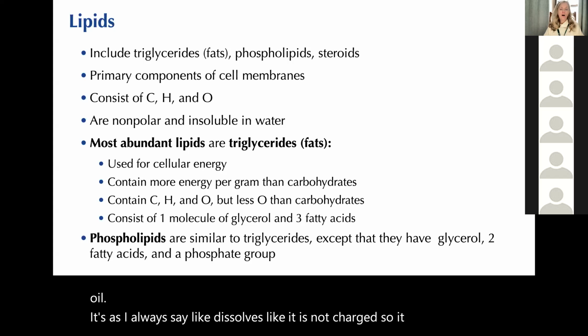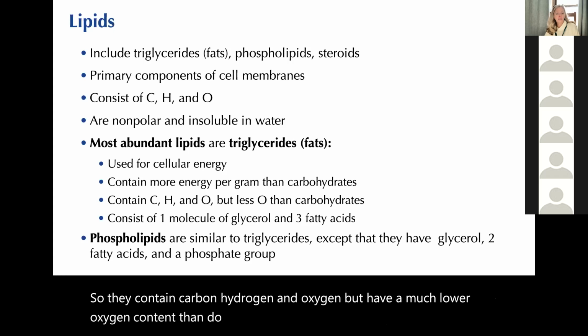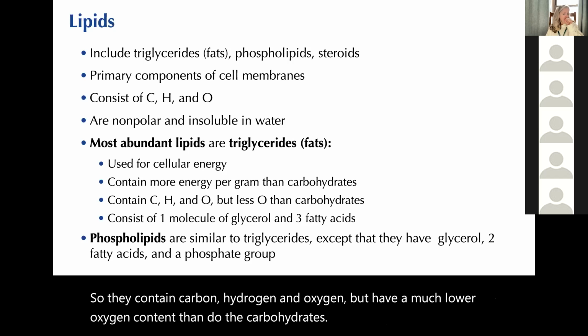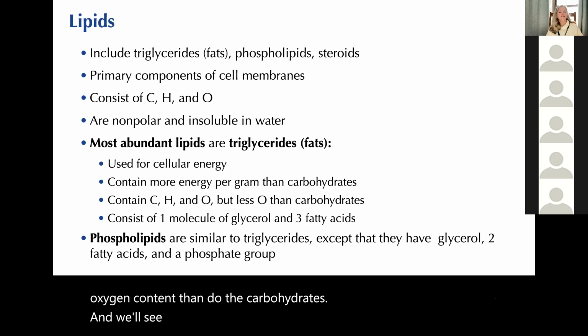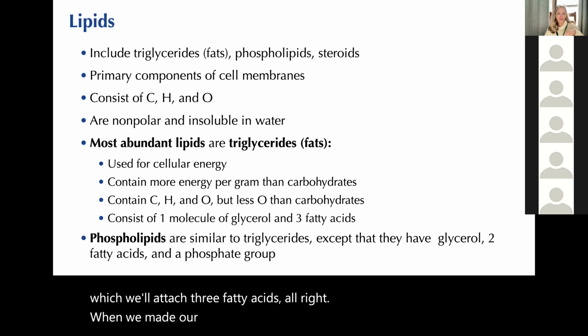Anyway, so they contain carbon, hydrogen, and oxygen, but have a much lower oxygen content than the carbohydrates. And we'll see that our triglycerides contain one molecule of glycerol to which we'll attach 3 fatty acids, all right? When we make our phospholipids, we're going to have 2 fatty acid tails and a phosphate head.